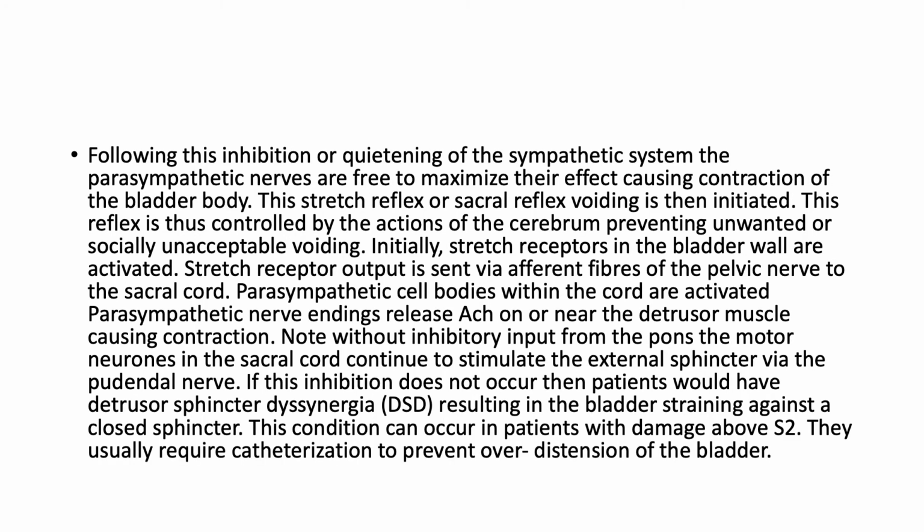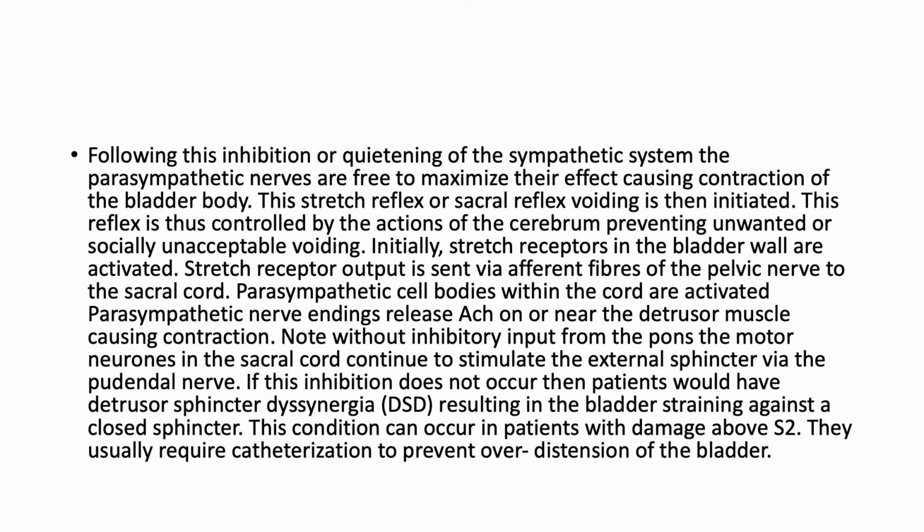So there is a conscious control of the process of micturition by the coordination between the cerebrum, brainstem, spinal cord, and of course the peripheral nerves. We mean here the pudendal nerve.